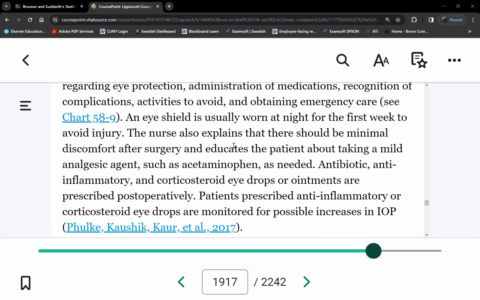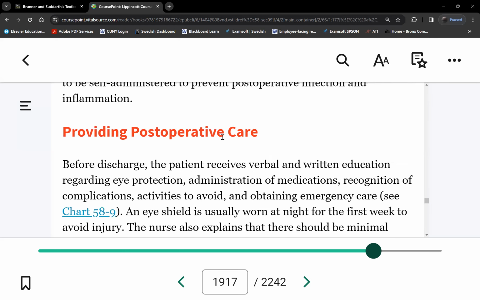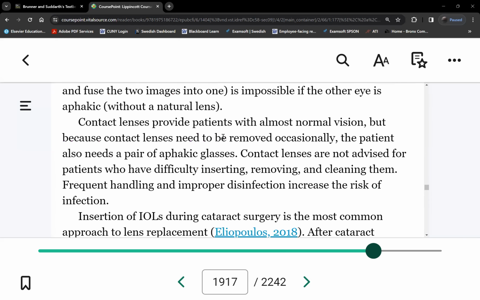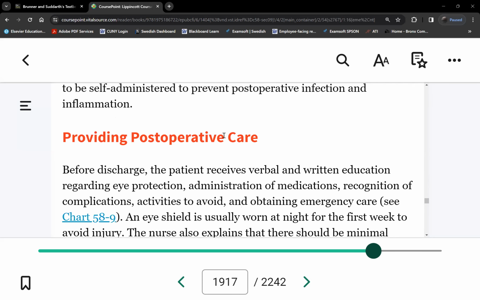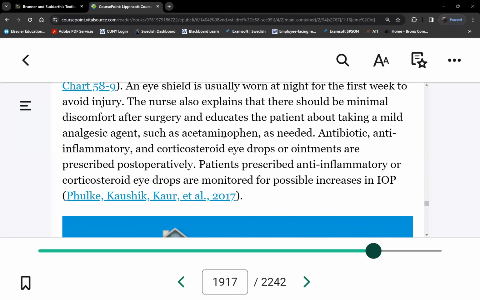Now, if the pain is severe, that's not a good sign. That's usually a sign of increased intraocular pressure or possible retinal detachment, which is mentioned up here under the complications. But again, I'm not testing the complications, but just know that any eye surgery can result in retinal detachment, and cataract surgery is not any better.